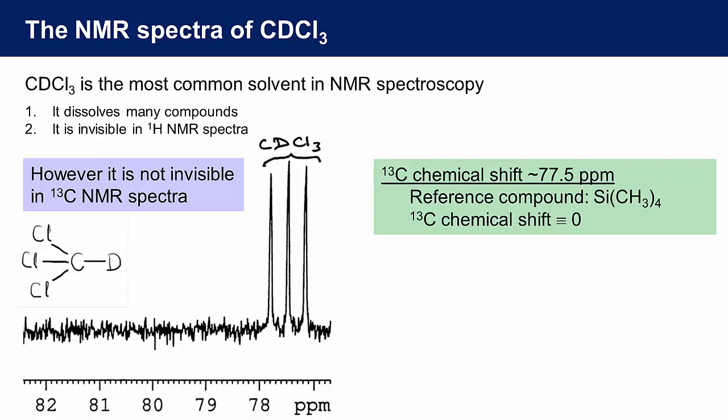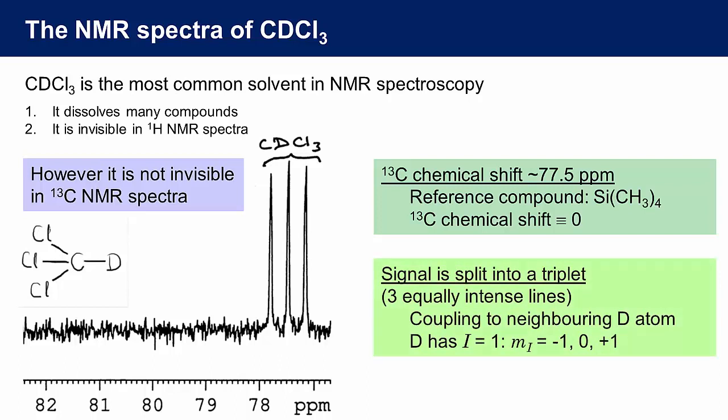The next feature that requires explanation is that the signal is split into 3 equally intense lines. We can call this a triplet. This fine structure is due to the spin moment of the neighbouring deuterium atom that is directly bonded to the carbon atom. The 2H isotope of hydrogen has a nuclear spin of I equal to 1, with mI states of +1, 0, and -1.